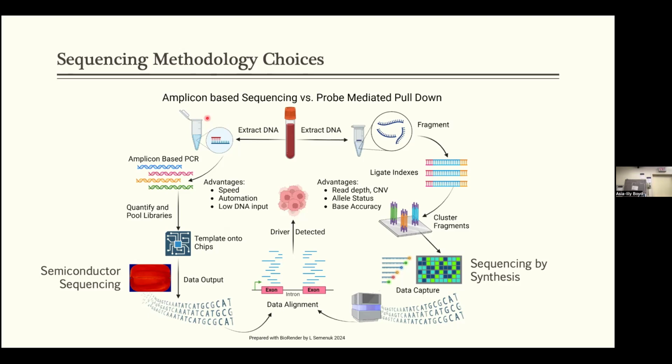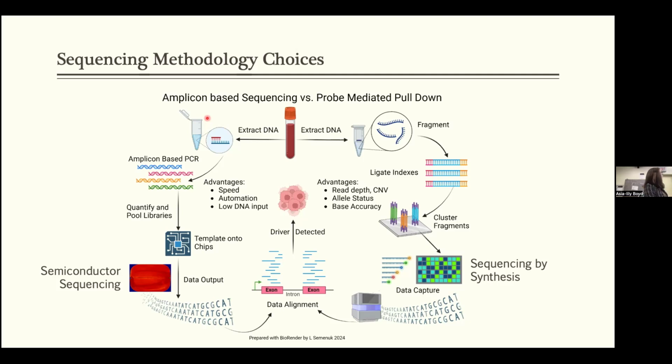We pool them and put them onto a biometric chip. That chip then goes through, most often, semiconductor sequencing, where the nucleotides are flowed across one at a time. As they're incorporated into the replicating DNA strand, a pH change is measured. That pH change is recorded by the chip, and that information is then aligned to produce the variant calls.